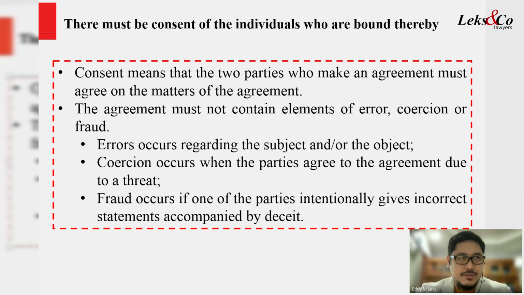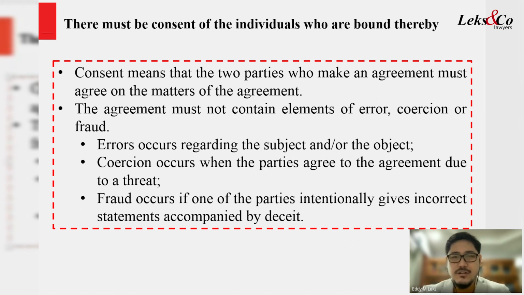Talking about consent only, it seems that the lawmaker, the maker of ICC, is really concerned about whether or not a consent is already reached by the parties. Because the agreement must not contain elements of error, coercion, or fraud.